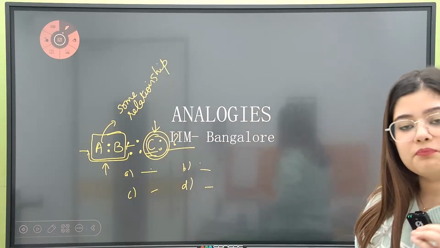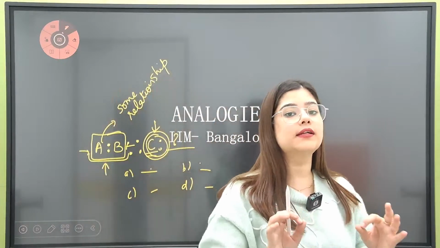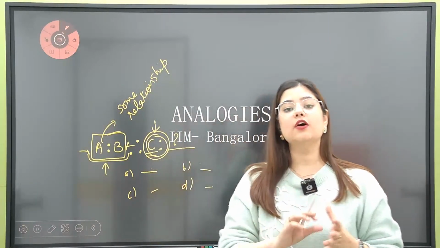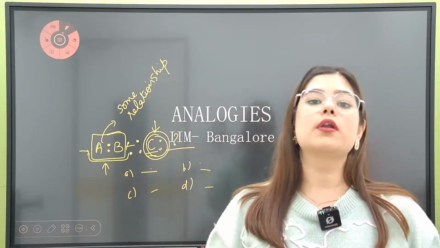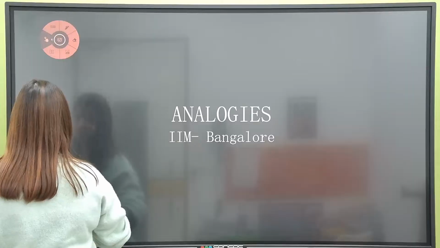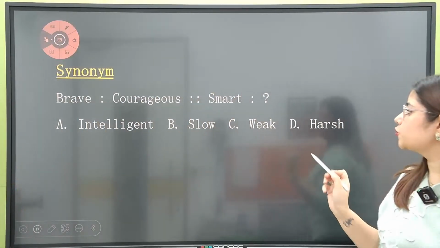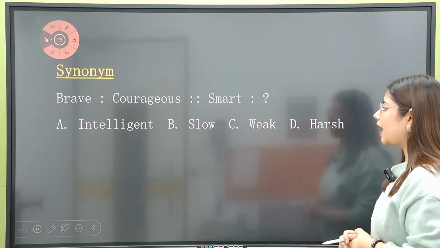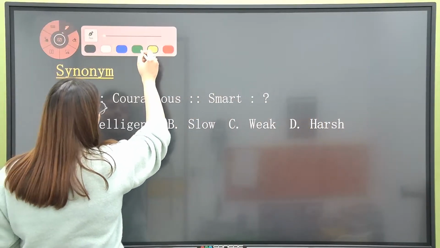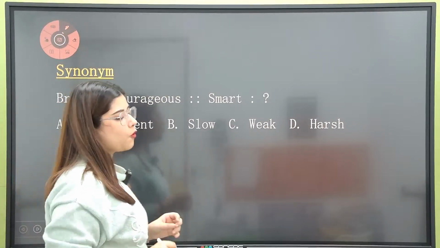So the most important thing in this particular topic is understanding the type of relationship between the first pair and then accordingly choosing a synonymous relationship. Let us try to understand. So first, if I say brave is to courageous, such as smart is to, and now I have to select an option amongst the given options, 4 options.